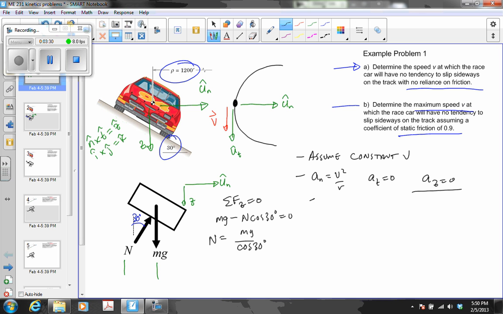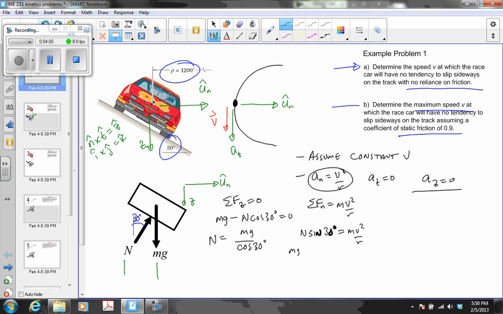Now I can sum forces in the normal direction, which will be equal to mass times normal acceleration, which is v squared over r. So what's acting in the normal direction? Just n sine 30, just the horizontal component of n, equals mv squared over r.